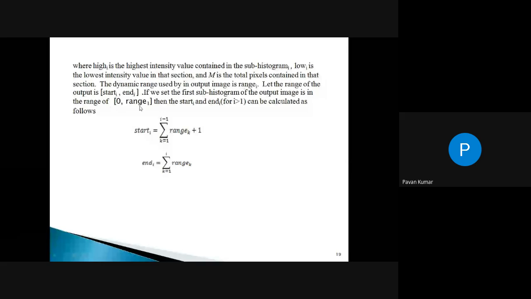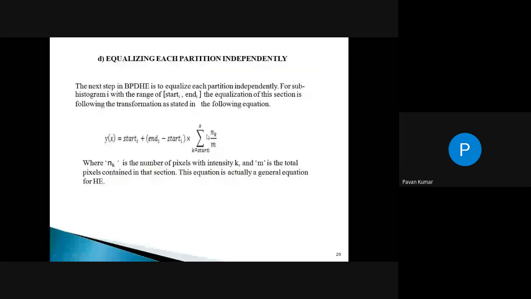Afterwards, for the ranges 0 to 50, 51 to 100, and so on, whatever sub-histograms we have are mapped into new dynamic ranges, and we apply histogram equalization to all of them. This is the equalization of each partition independently, from the starting pixel to the ending pixel intensity value.